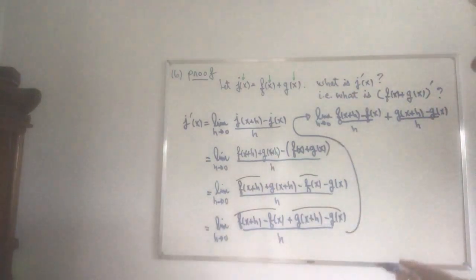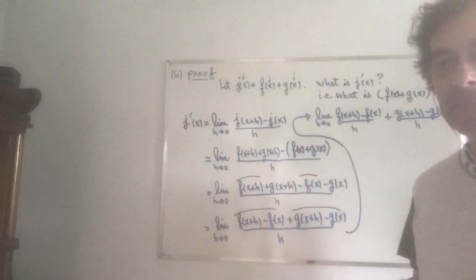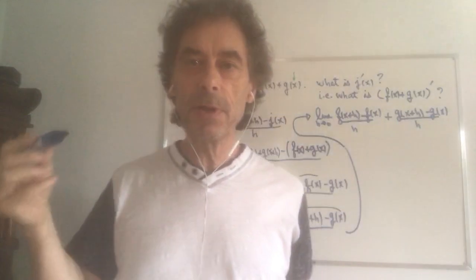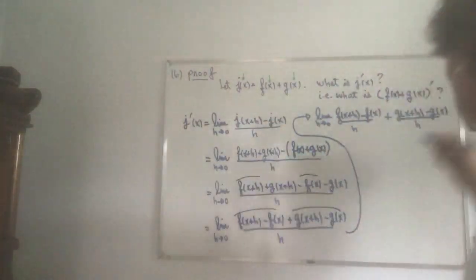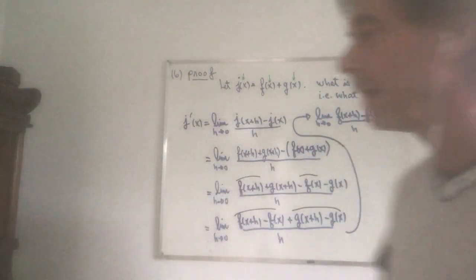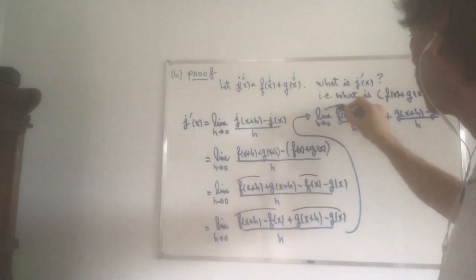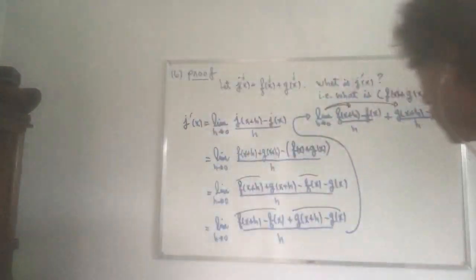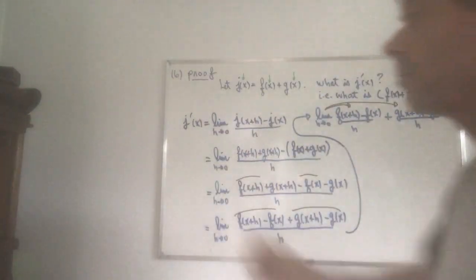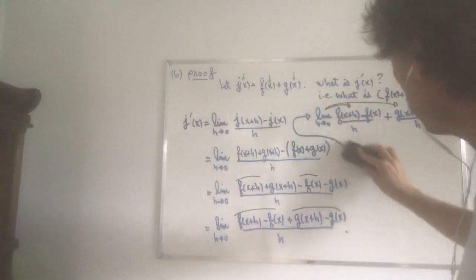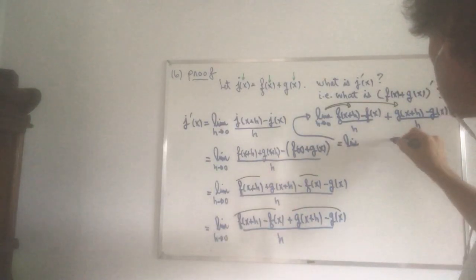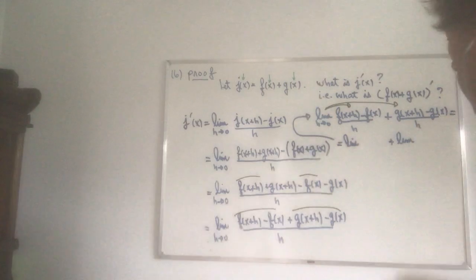So the property here is just like if you have a plus b over c, this is the same as a over c plus b over c. So what is that equal to? Well, we're done. All we got to do is take the limit of this and the limit of that. This is now equal to the limit of the first plus the limit of the second.